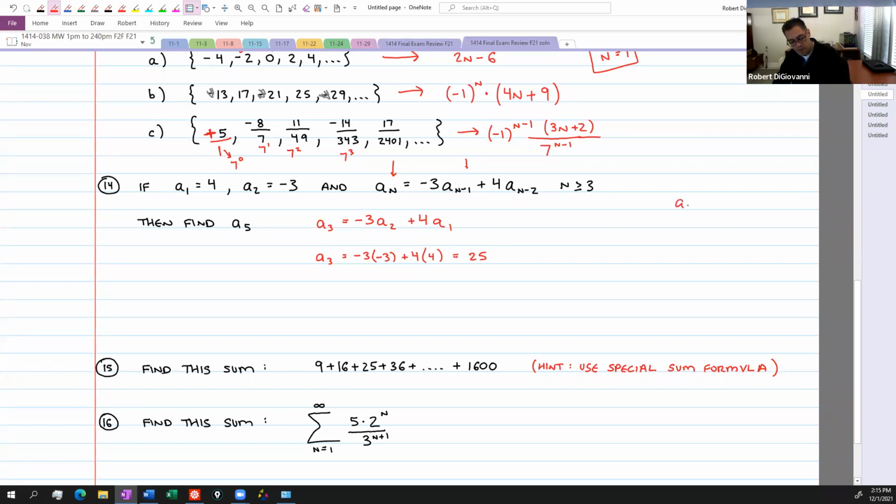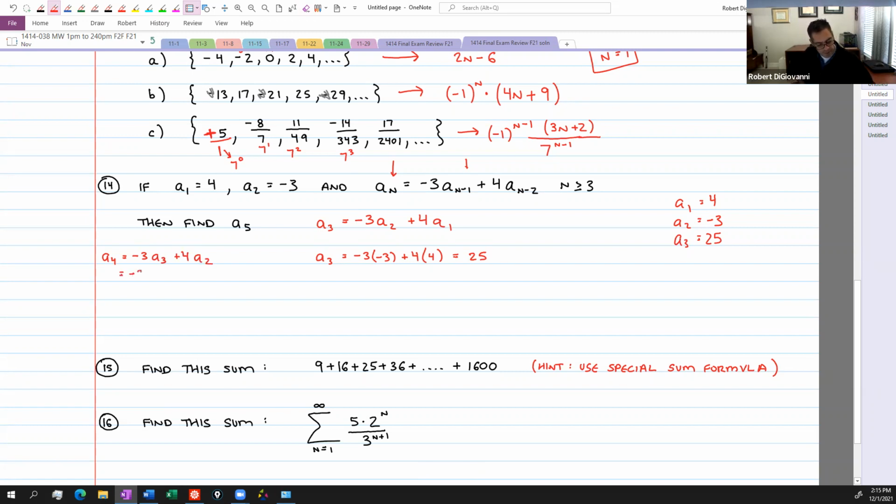So I know A1 was 4, A2 was -3, A3 was 25. These numbers are going to get big. All right, let's find the 4th one. The 4th one should be -3 times the 3rd one plus 4 times the second one.